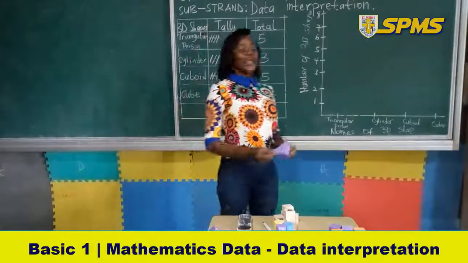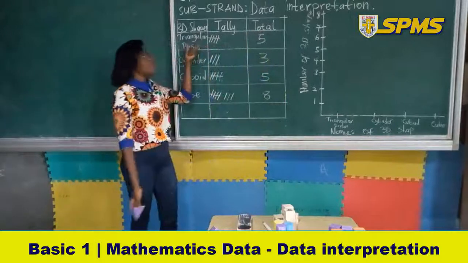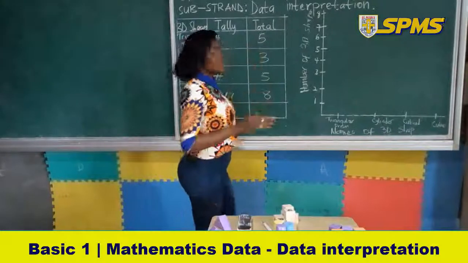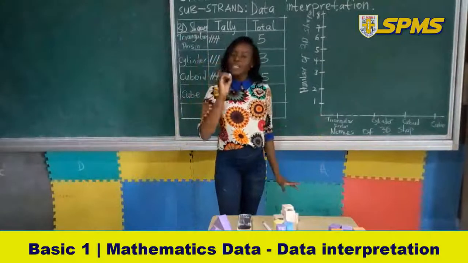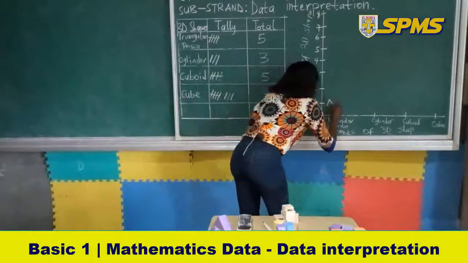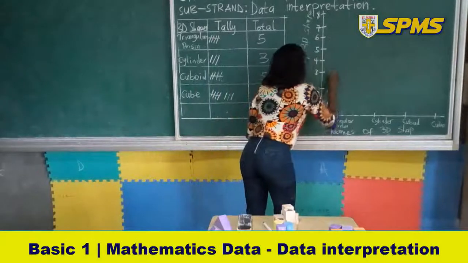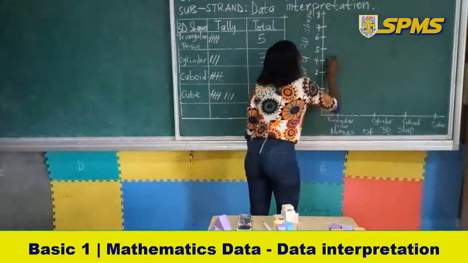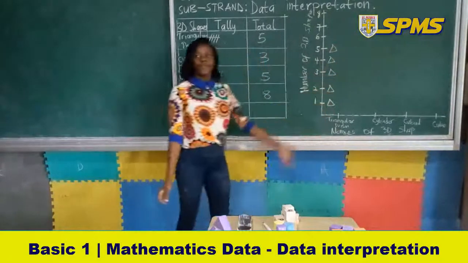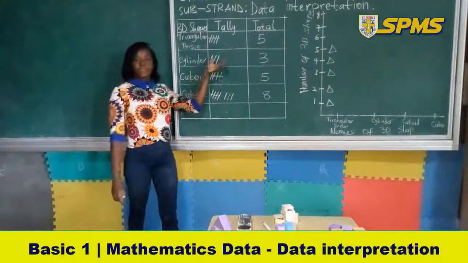Okay, children. So how many triangular prisms do we have here? 5, right? So we are going to draw as we did for the biscuit. So these are the keys we are going to do. Use 1, 2, 3, 4, 5. Very good. So our next 3D shape is the cylinder.